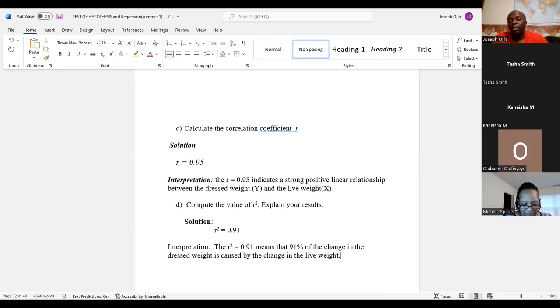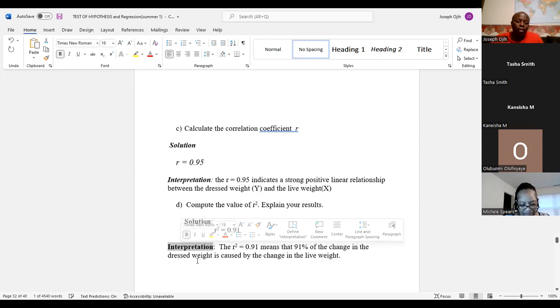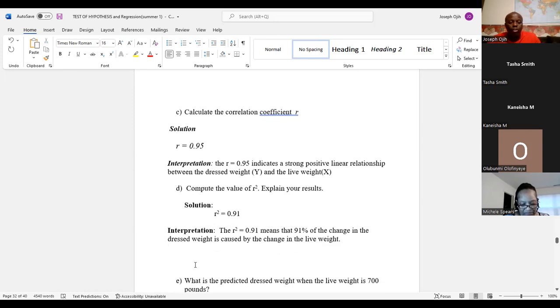Another way you can put this is that the change in live weight explains 91% of all the change in the dress weight. You can also say that 91% of the increase in the dress weight is explained by the increase in the live weight. There are many ways you can put this, as long as you get the core meaning in. Any question on this?